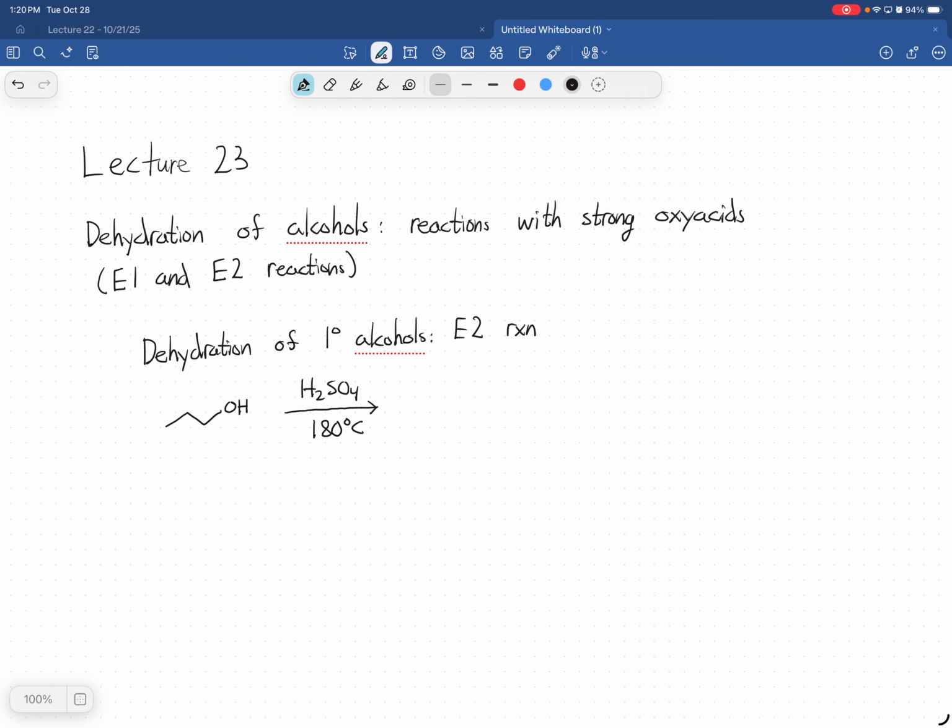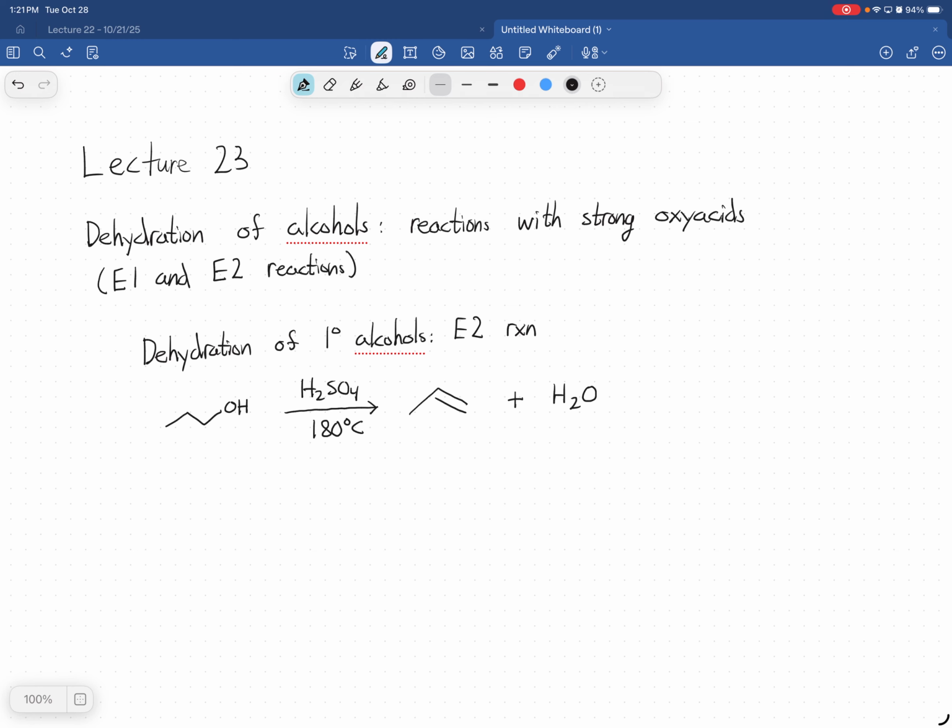Okay, so for primary alcohols, they're the toughest to react because OH is not a very good leaving group, so you have to protonate it first, and then to get it to leave, you need a really strong nucleophile, and that's usually pretty hard to do. Okay, so we get propene here, so 3-carbon alkene plus water. All right, so those are our products.